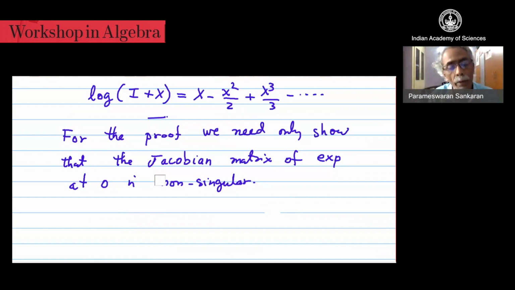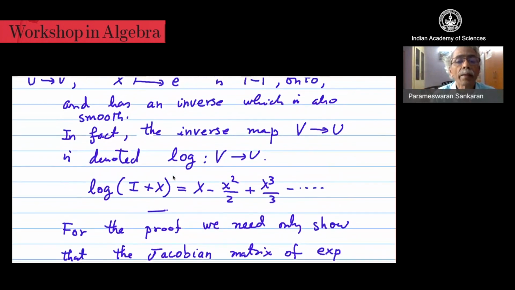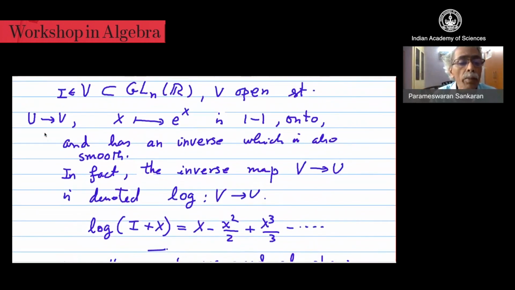Once you evaluate it at origin, it will be a matrix with real entries, and you just need to say the determinant is not equal to 0. That guarantees that in a small neighborhood, it may not be on the whole thing, it is 1 to 1 onto its image, and the inverse is also smooth.